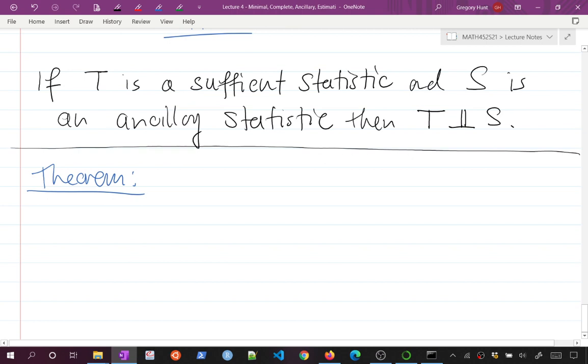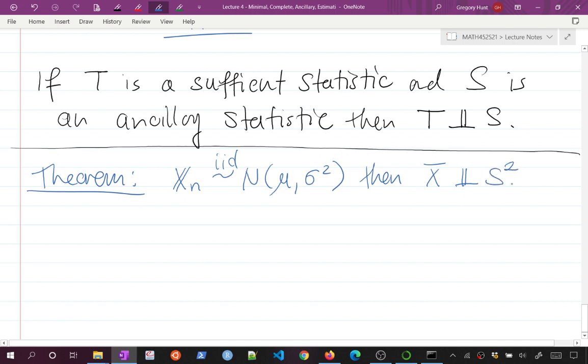a theorem that we had stated in lecture 2, and we had said that if we had data that had a normal mu sigma squared distribution, my claim was that x bar was independent of my sample variance, s squared.